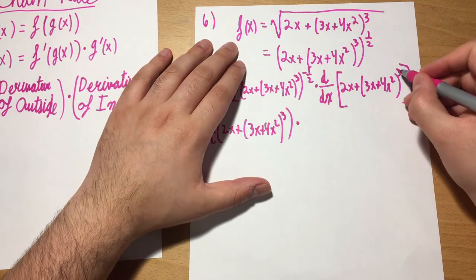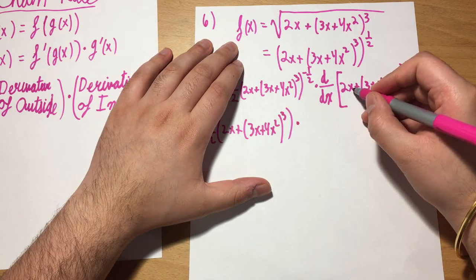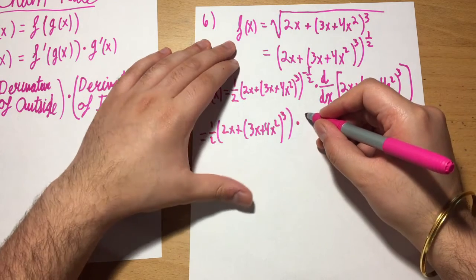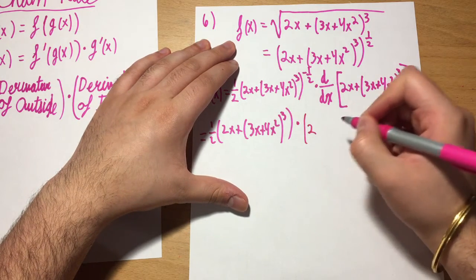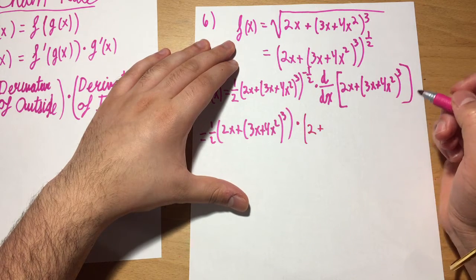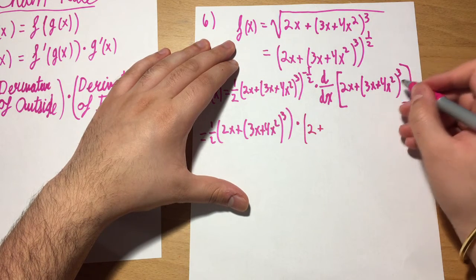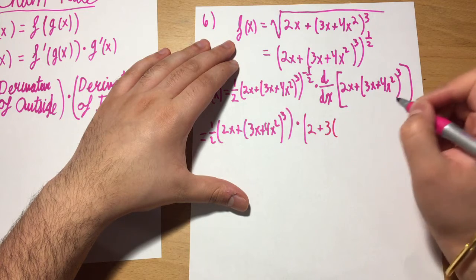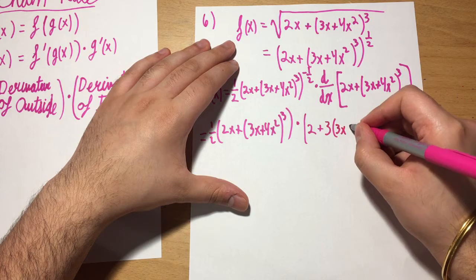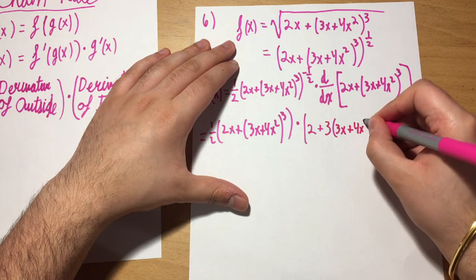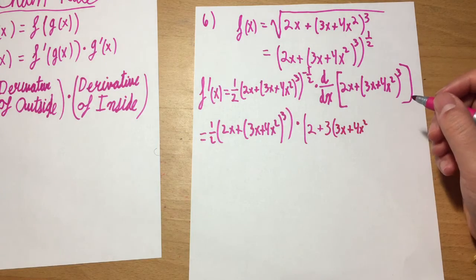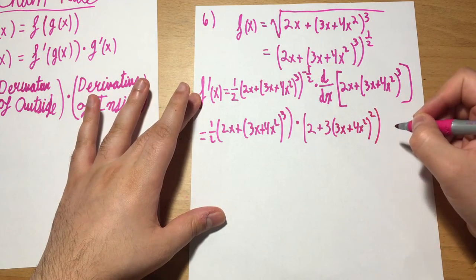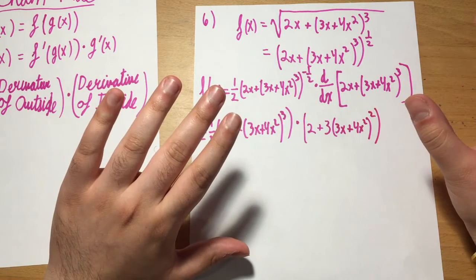So what this would be is the 2x just becomes a constant 2, right? And then that gets added to the derivative of this portion, which the 3 comes down to become the coefficient. The insides all stay the same, 3x plus 4x squared. And your exponent is now 2. Okay, so that's the outside portion.